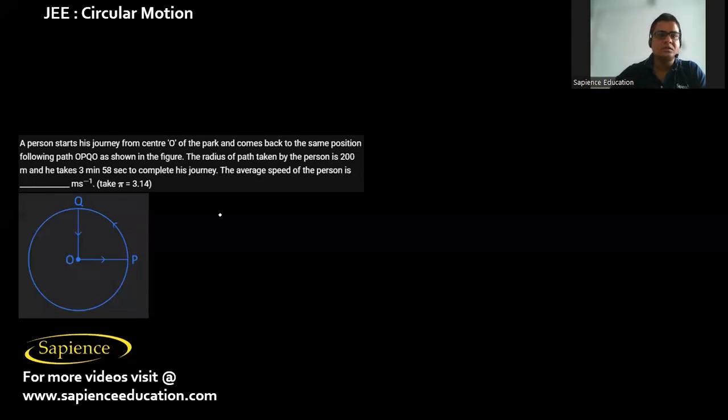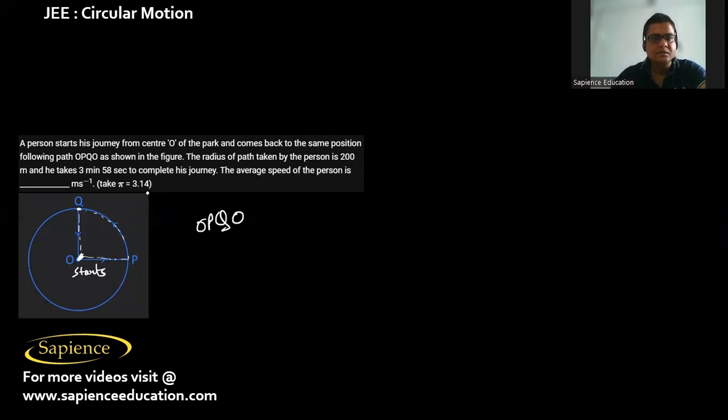And here it is told a person starts his journey from center O of the park and comes back to the same position following path OPQO, as shown in the figure.